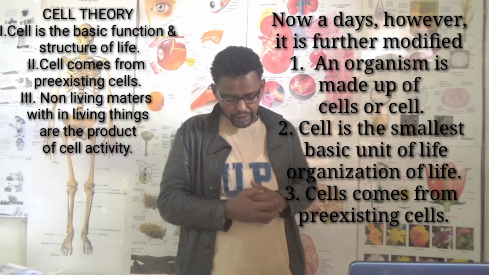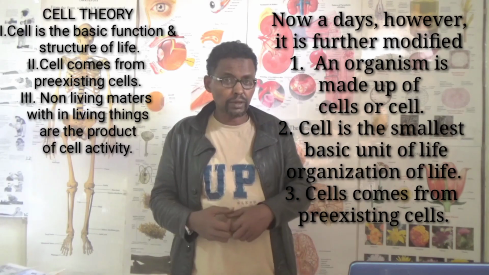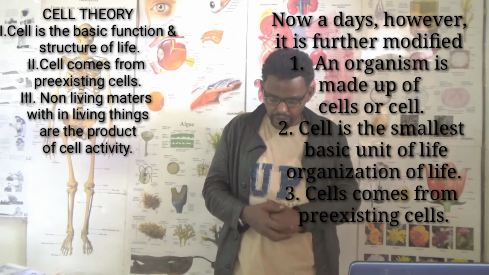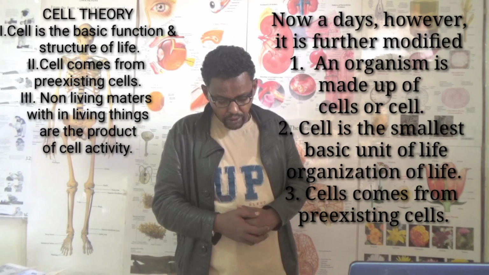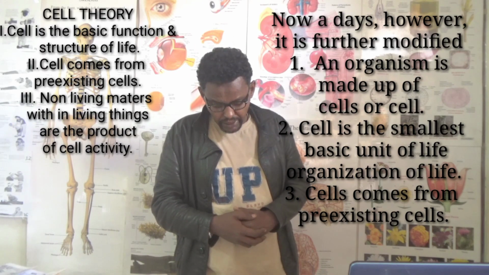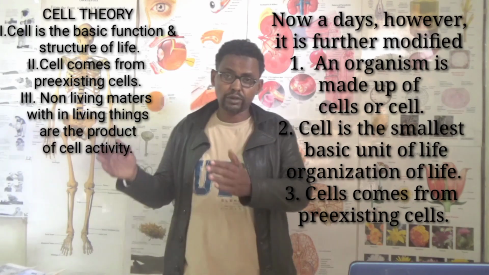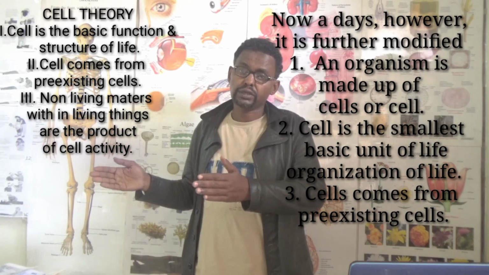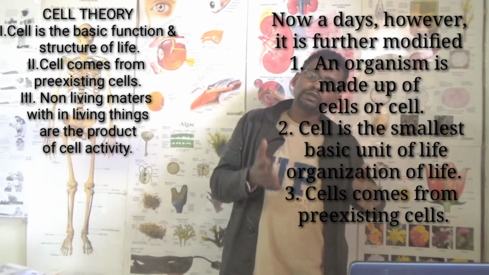The second point is that cells come from pre-existing cells. Whenever we have cells, there must be a predecessor of it. The third one is that all organisms are made up of one or more cells. There are multicellular organisms. There are organisms that are found in fixed colonies. There are organisms found as unicellular.